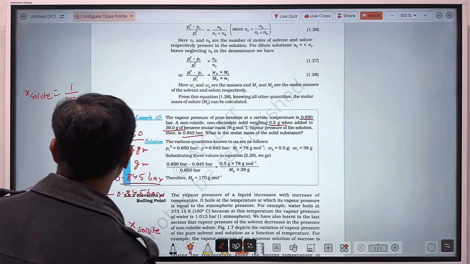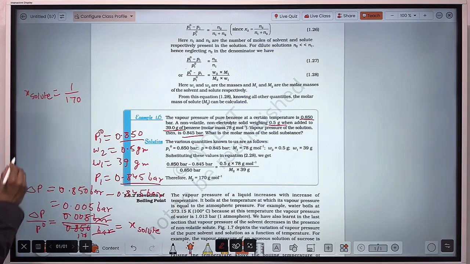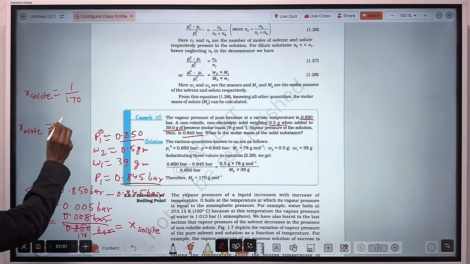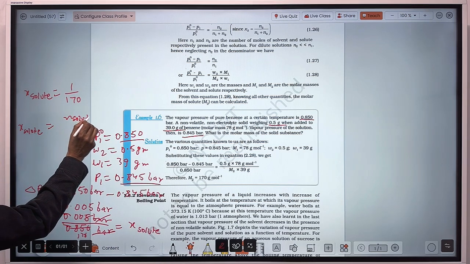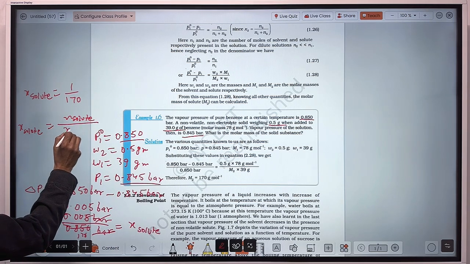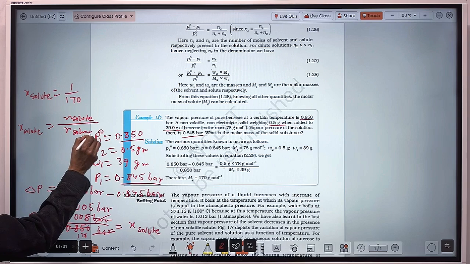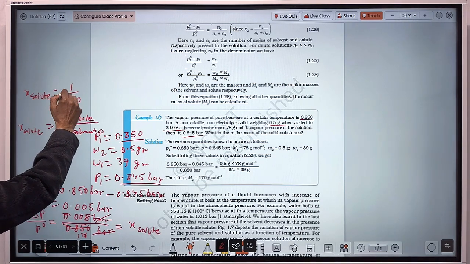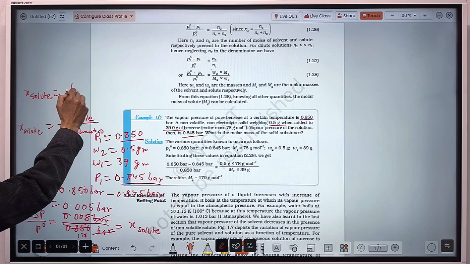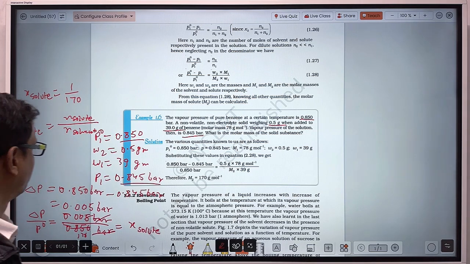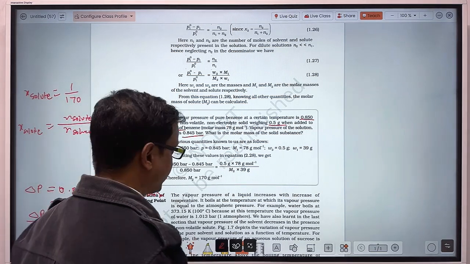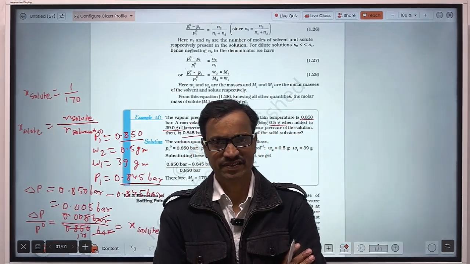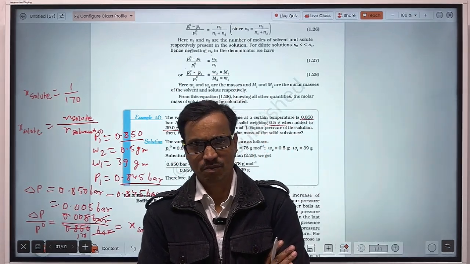So what is the molar mass of the solid substance? The mole fraction of solute will be equal to the number of moles of solute upon the number of moles of solvent, directly taken. Because here the value of mole fraction is very less, that means a very small amount of solute is present in the solvent.